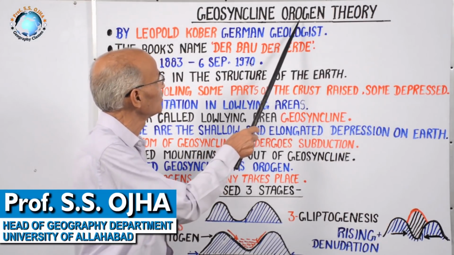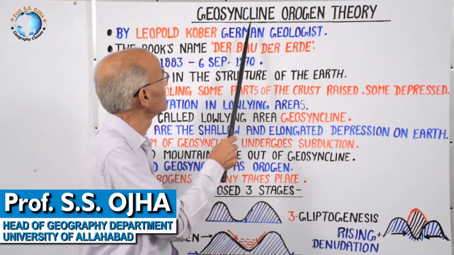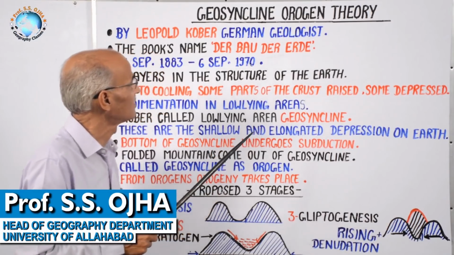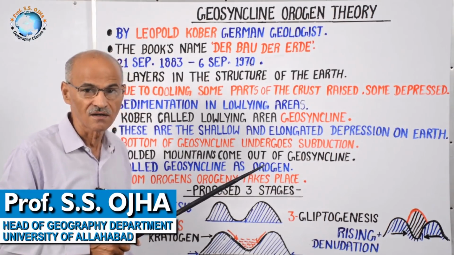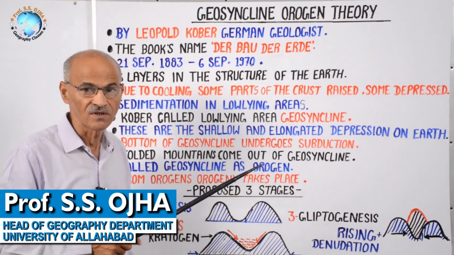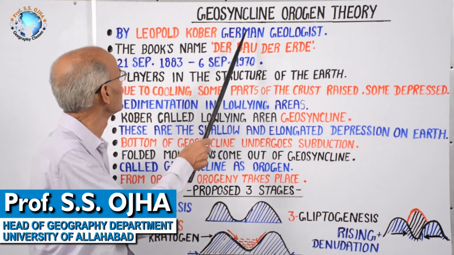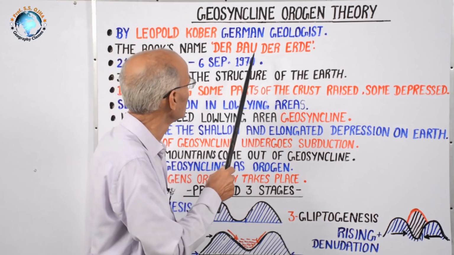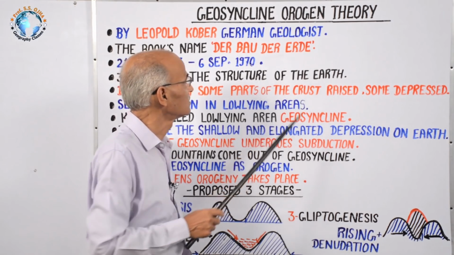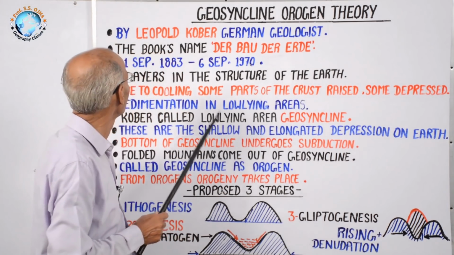Orogen means origin of mountain, and geosyncline he defined as shallow and long depressions filled with marine or oceanic water. Leopold KOBER was a German geologist as well as geomorphologist.